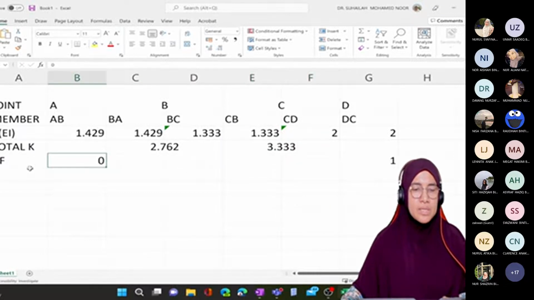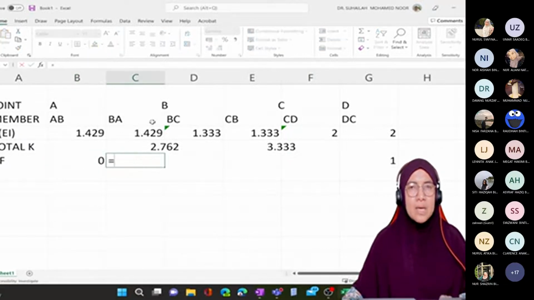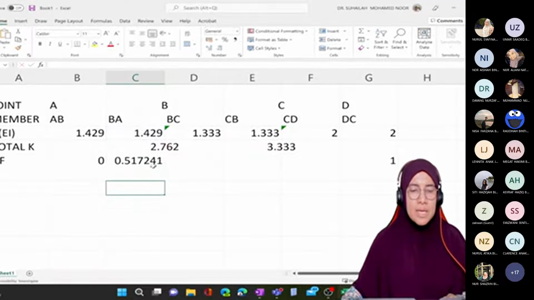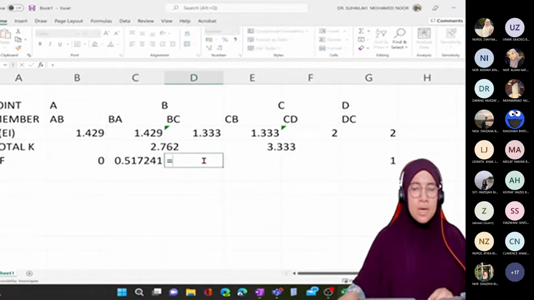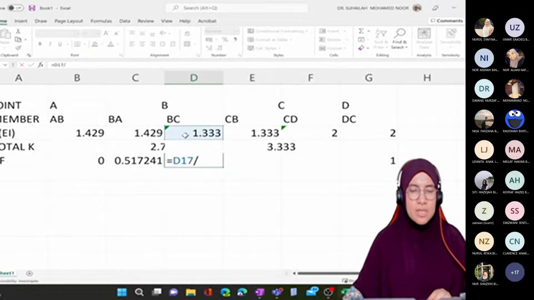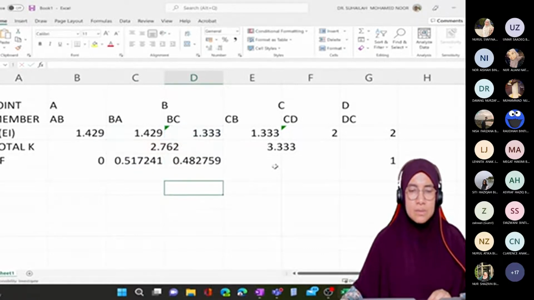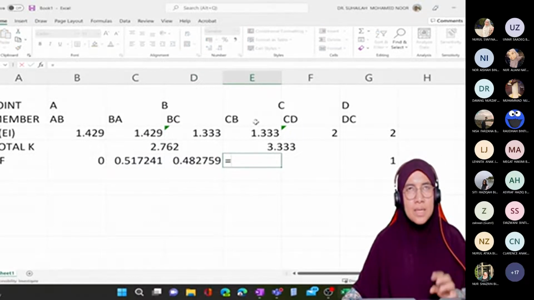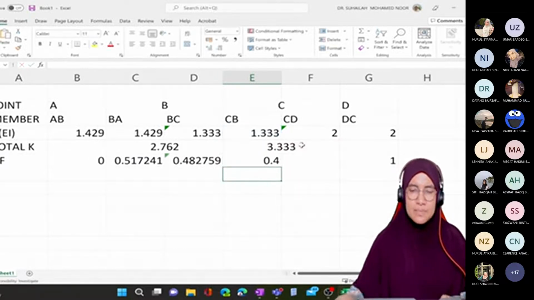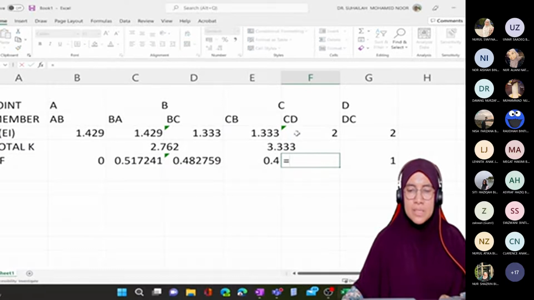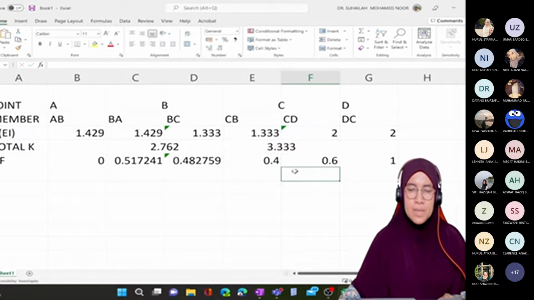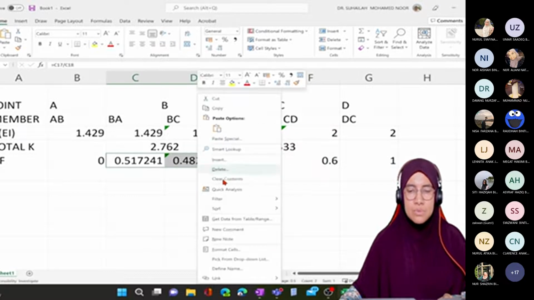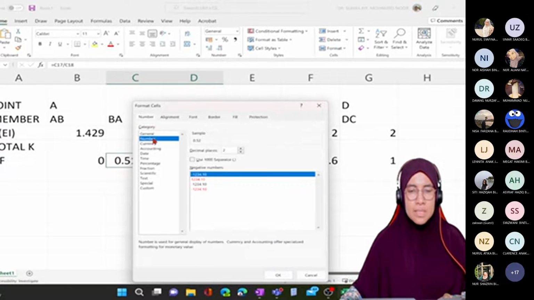So distribution factor for BA, member stiffness divided by joint stiffness, is 0.517. Then the distribution factor for CB, again member stiffness divided by joint stiffness. I set it to 3 decimal places.